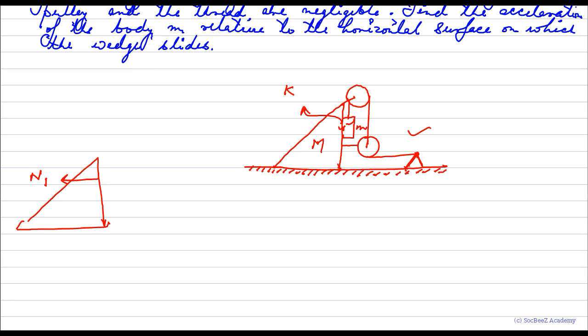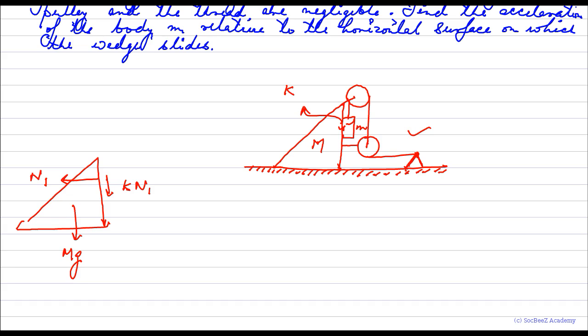Okay, and since the block is moving downwards, the relative motion of the block with respect to the wedge is in the downward direction. So the frictional force which the block is going to apply on the wedge is also going to be in the downward direction. Its magnitude is going to be equal to k into N1. Okay, there is going to be a weight Mg acting downwards.